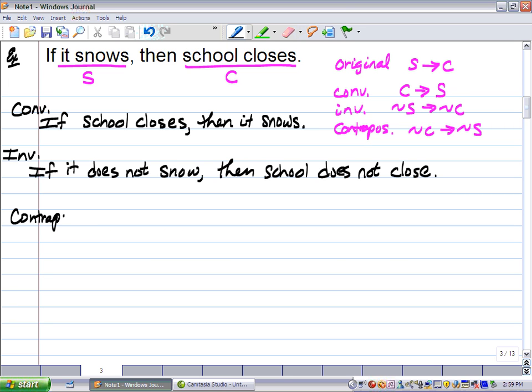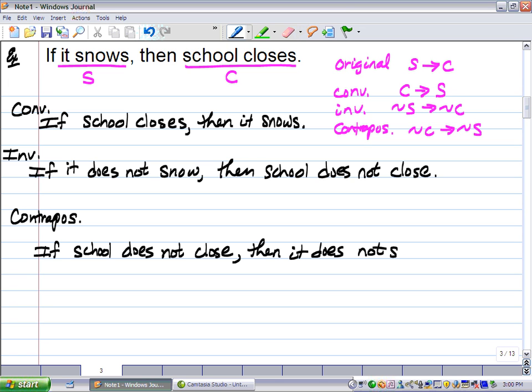Okay, the contrapositive, if school does not close, then it does not snow. And that means the same thing.